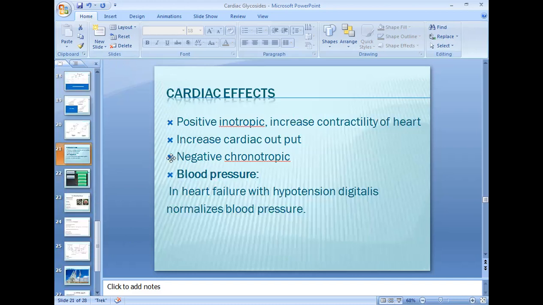This important structure is responsible for their cardiac activity.